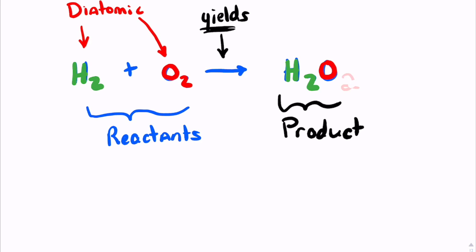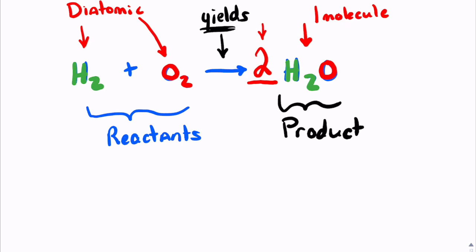All right? So we can't put a 2 there. What we can do is, instead of saying that we have one molecule of this, how about we change the 1 to a 2? Now, the 2 in front of it represents what we call a coefficient, a multiplier.